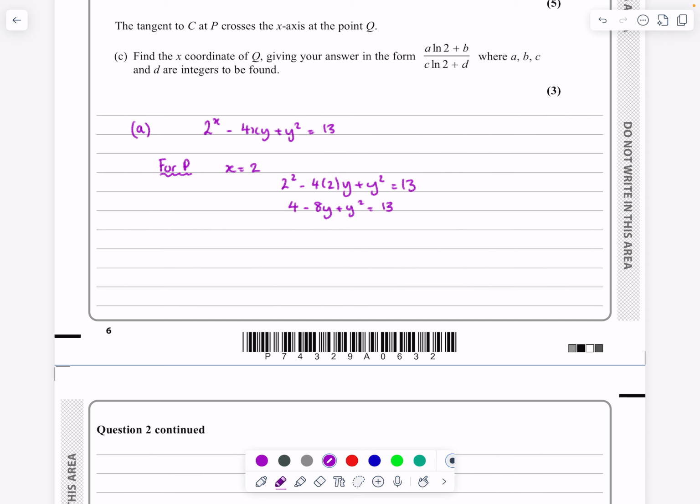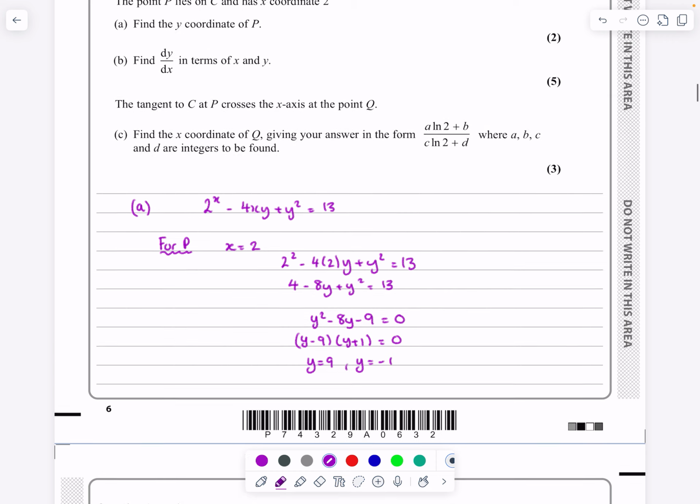Rearrange that, I'm going to get y squared minus 8y minus 9 equals 0. I'll always quickly see if this factorizes. Otherwise you can use the quadratic formula, but obviously factorizing is a little bit quicker. So I'm going to get y is equal to 9 and y is equal to minus 1.